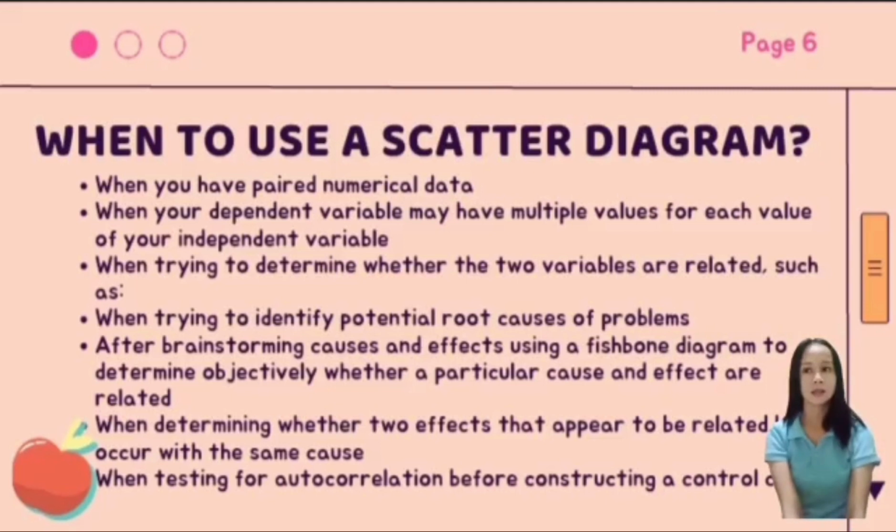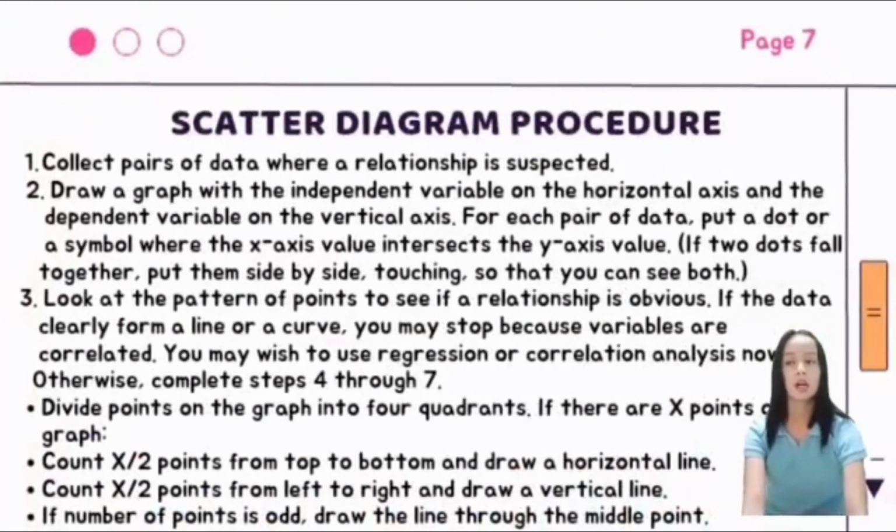A scatter chart works best when comparing large numbers of data points without regard to time. This is a very powerful type of chart and good to show the relationship between 2 variables. There are procedures to follow in using a scatter diagram to attain the best results, and these are: number 1, collect pairs of data where a relationship is suspected.